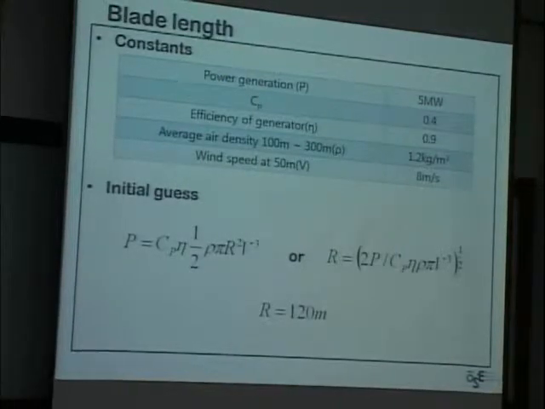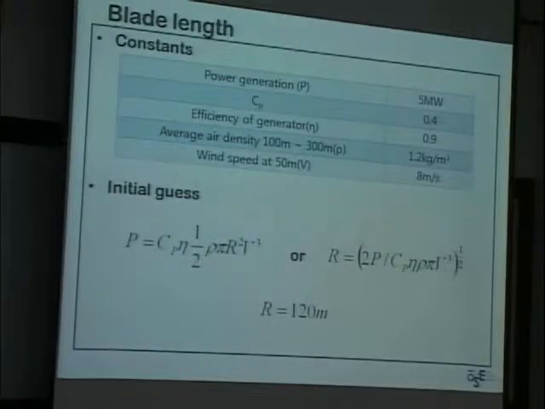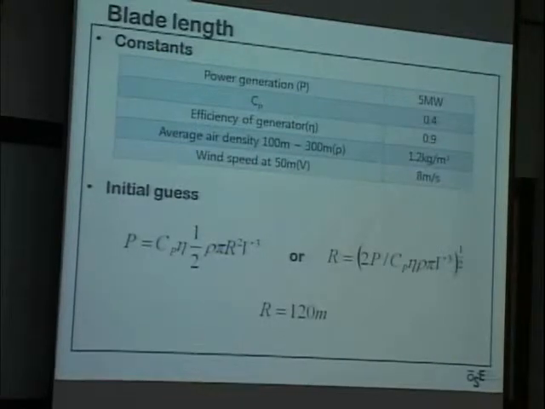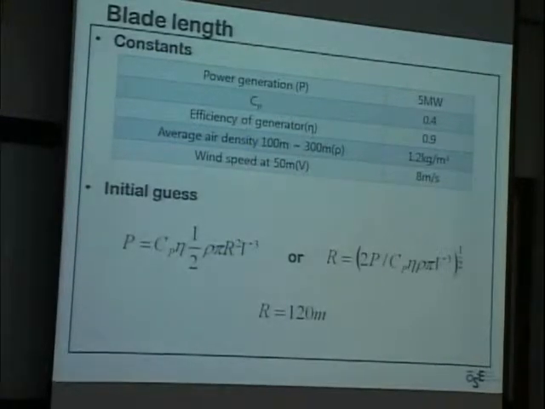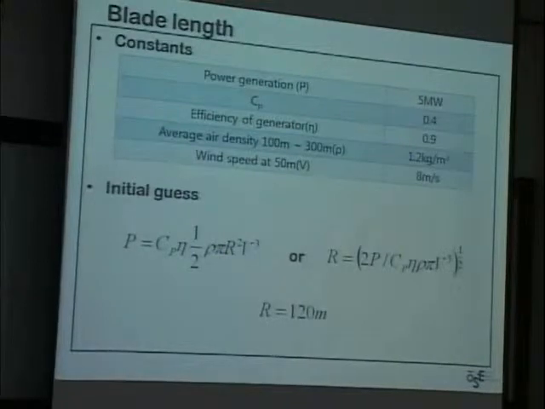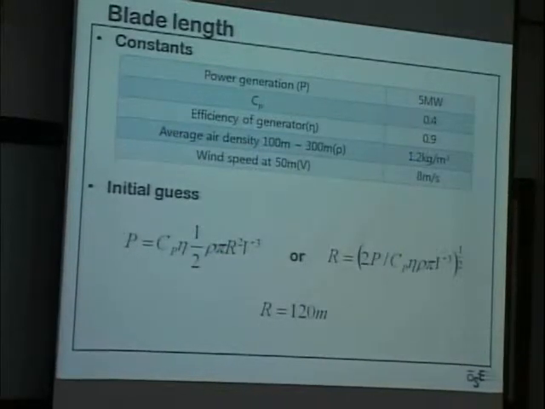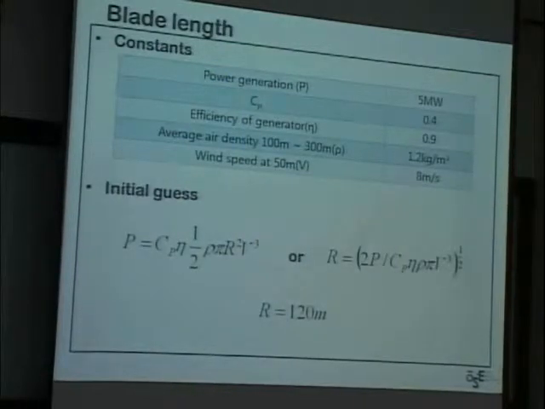The power generation is 5 megawatts, and the CP, which is the power output coefficient, is like constant, maybe 0.4, and the efficiency of the generator eta is 0.9.